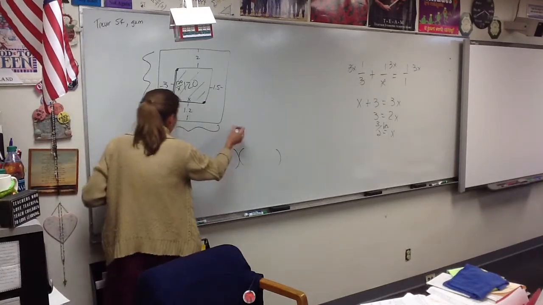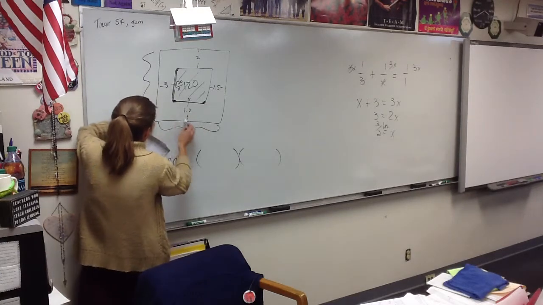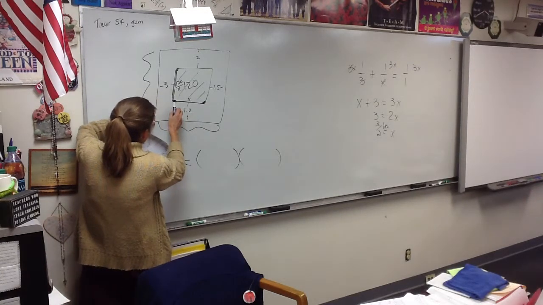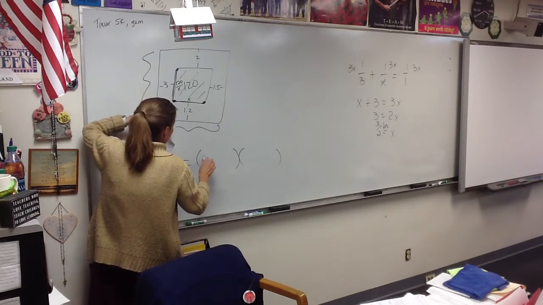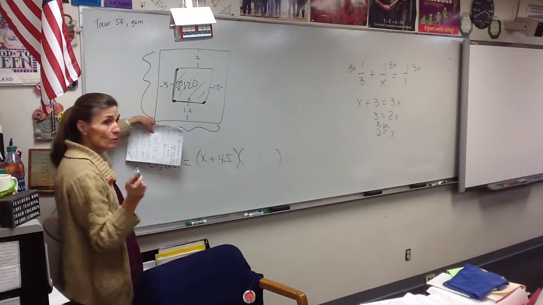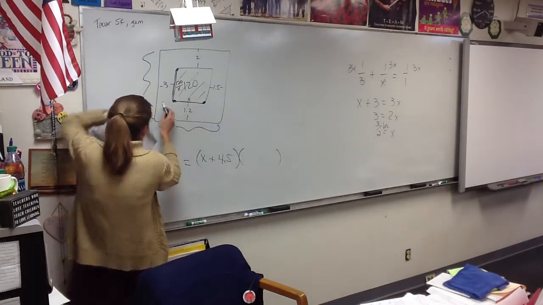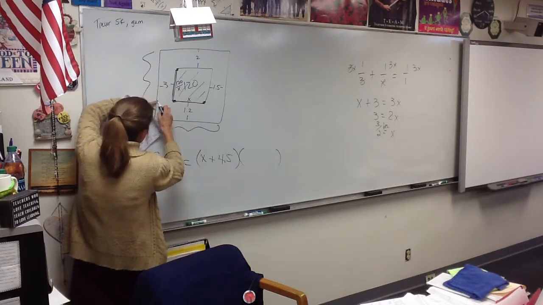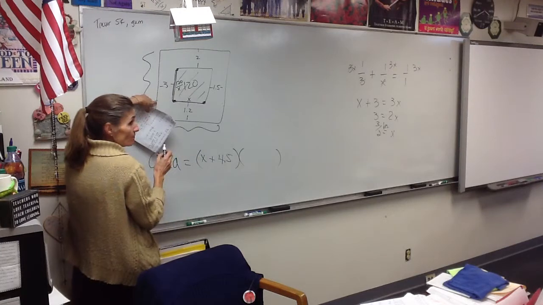So my length, if I let this be x, then this dimension is 3 plus x plus 1.5, or x plus 4.5. Now that'll be different if you let x be something else. But if this is x, then the width of this paper is 3 plus x plus 1.5.